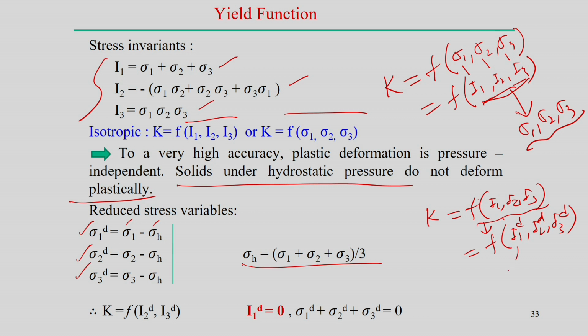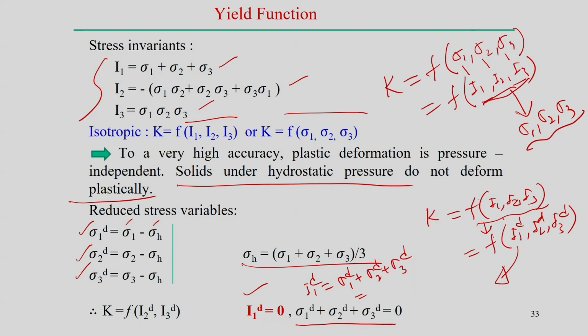If we look at the deviatoric stress invariant I1d, it is actually 0. I1d should be sigma 1d plus sigma 2d plus sigma 3d, and if we add all these components, it becomes 0.